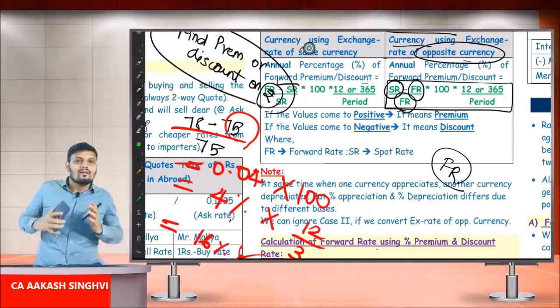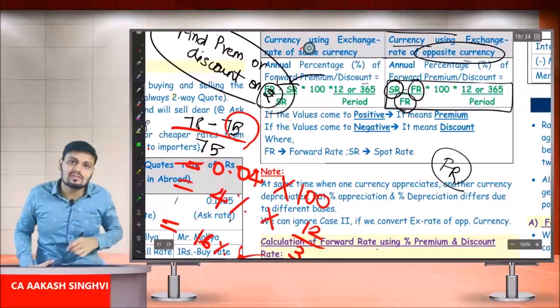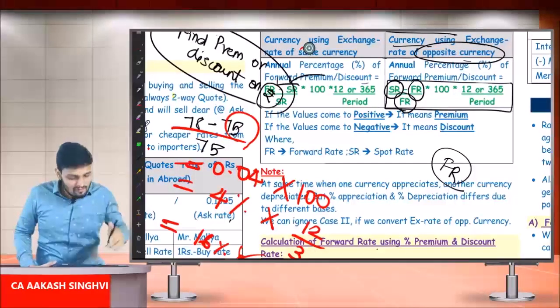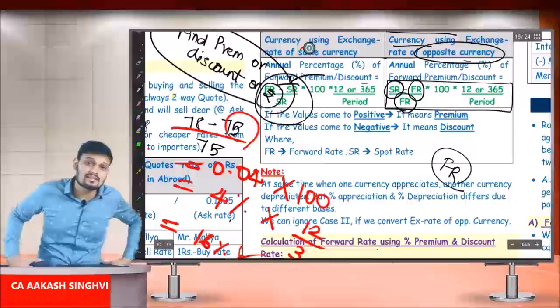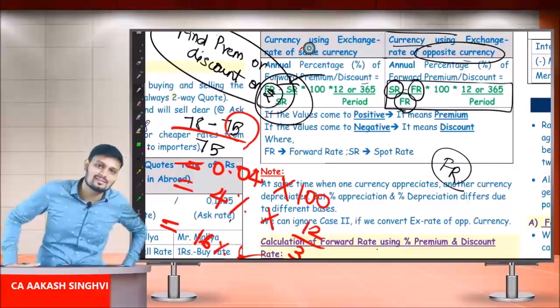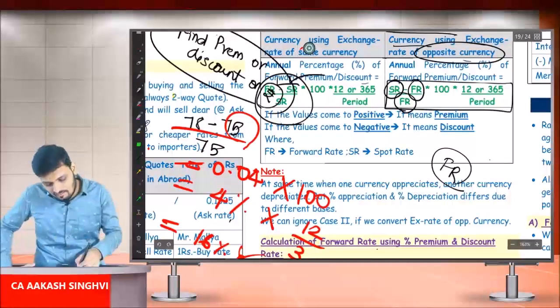We do not have the rate of rupees. Had we had the rate of rupee, we could have easily computed with the help of the earlier formula. But since the rupee rate is not given, if we use the formula FR minus SR divided by SR, you will not get the right answer. You will get the opposite answer. That is the reason why we have to use SR minus FR.